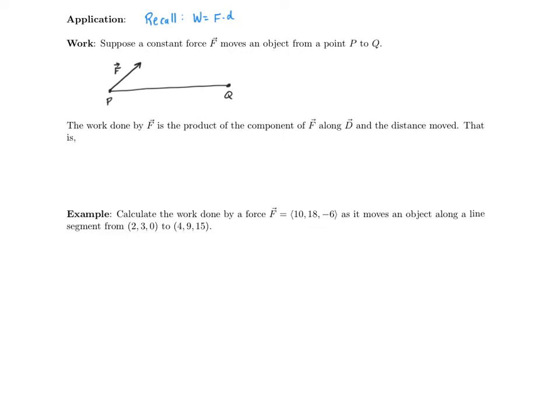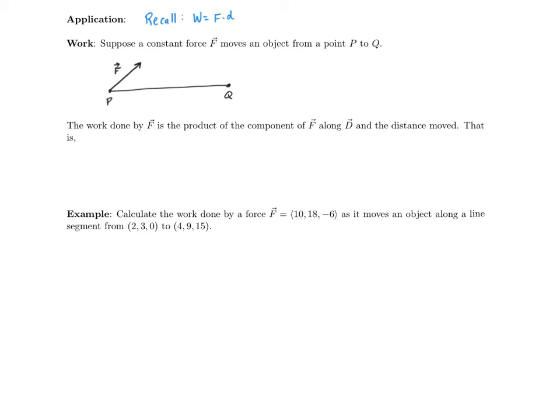We're assuming we're pushing with a constant force. No matter how much we'd like to think we're pushing directly in the direction we'd like it to go, that's not always going to occur. Maybe that force vector is going a little bit off, as in the picture. So the question is, how much work is done by this force as we move the object from P all the way over to Q?